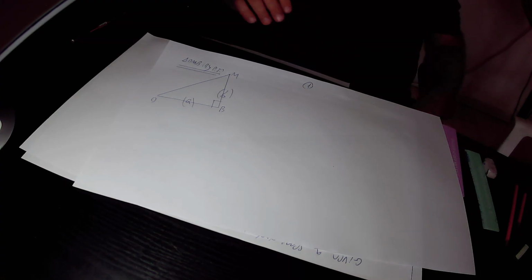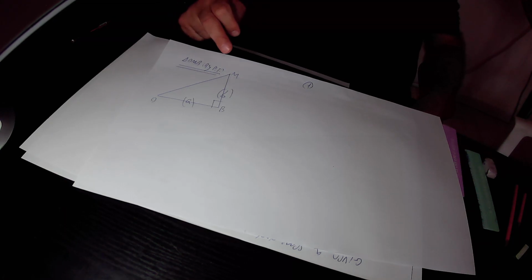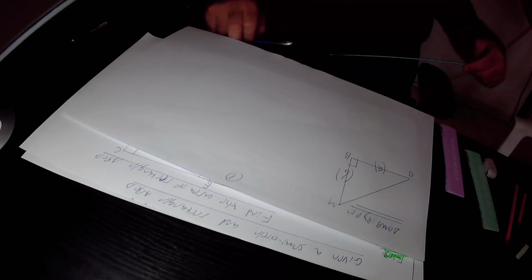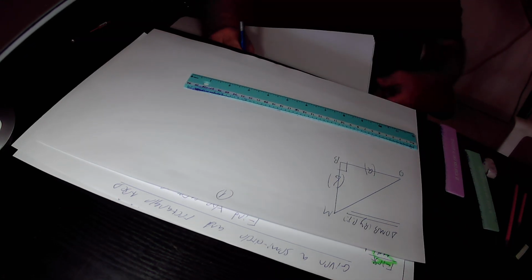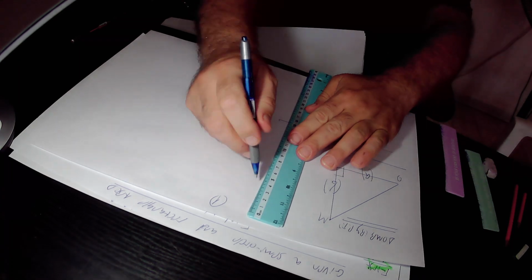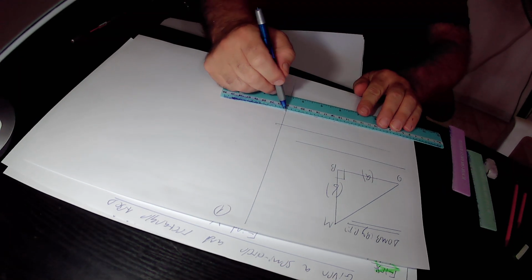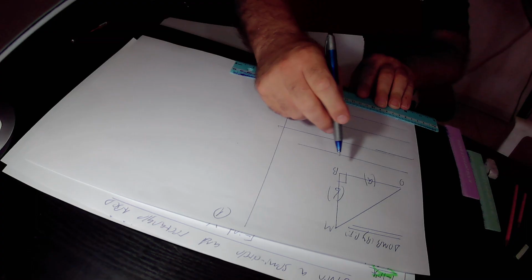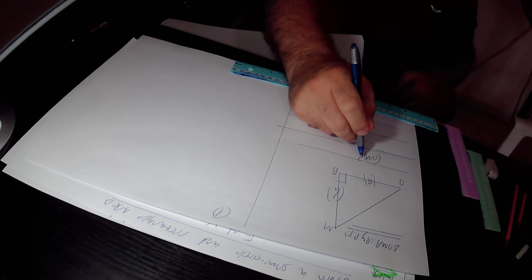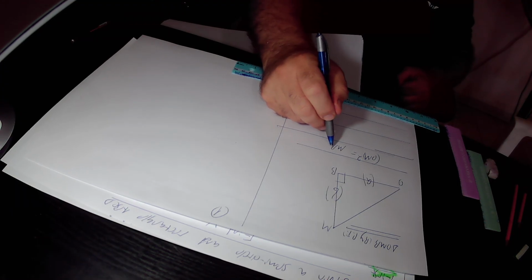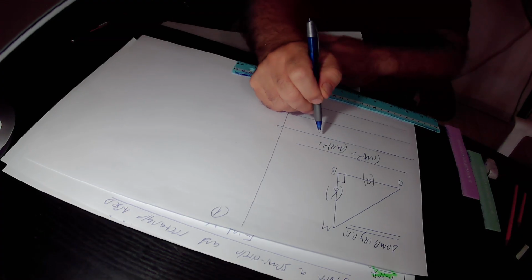According to the Pythagoras theorem, in this right triangle OMB, OM squared, that is the square of the hypotenuse, is equal to MB squared plus OB squared. So write it down. OM squared, that is the square of the hypotenuse, is equal to MB squared plus OB squared.